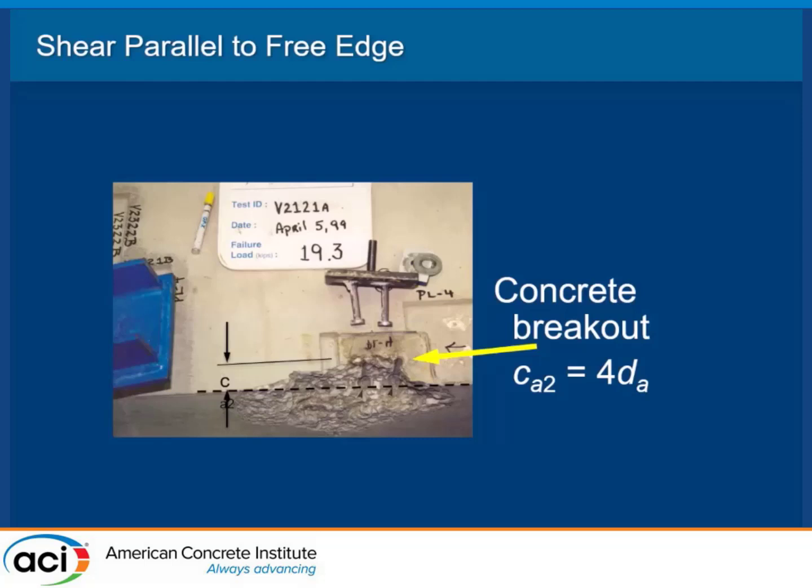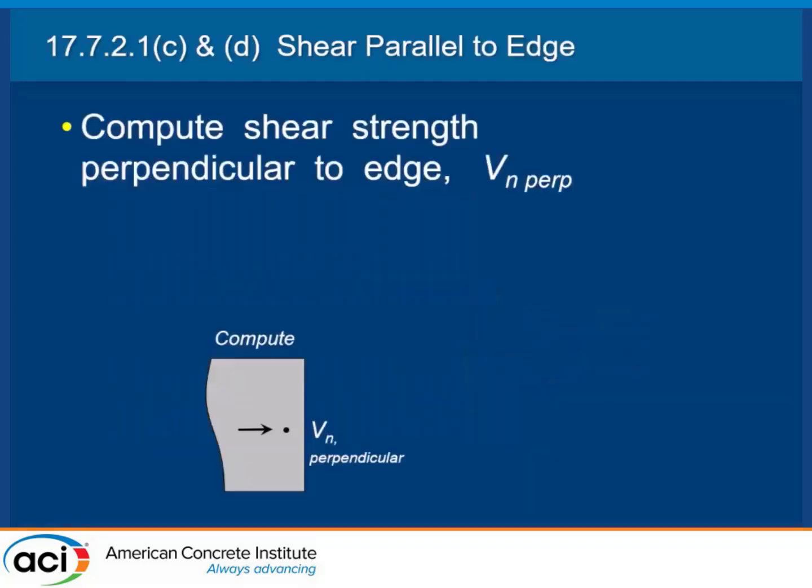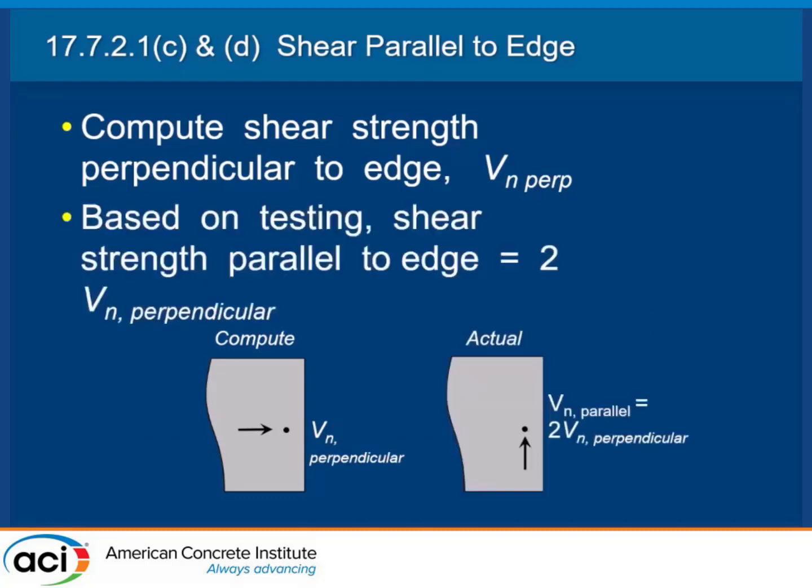In that case, we compute the capacity as if the same load was going towards the edge, calculate the capacity, and then double it, and that is the value we get for the capacity against that breakout failure for shear parallel to an edge. So it's a great simplification, an easy check when you get into that kind of case.